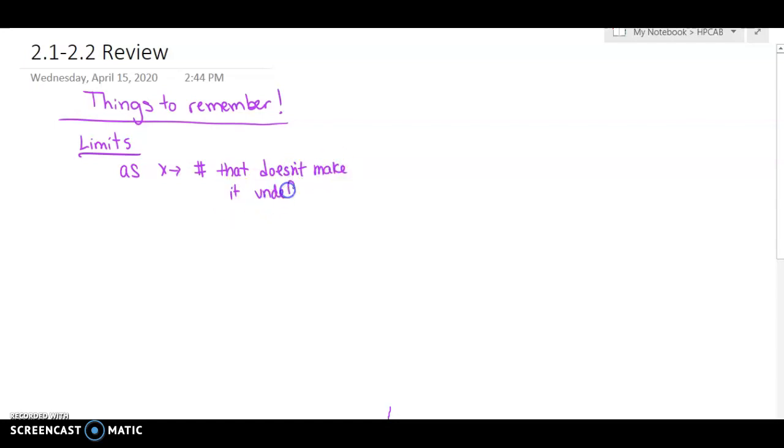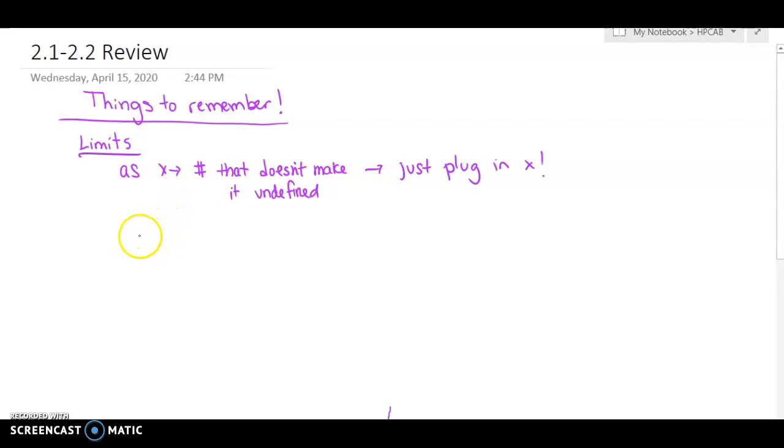If x is approaching a number that doesn't make it undefined, all you have to do is just plug in x. Since it doesn't make it undefined, you can plug it in, see what the number ends up equaling, and that's what it's approaching.